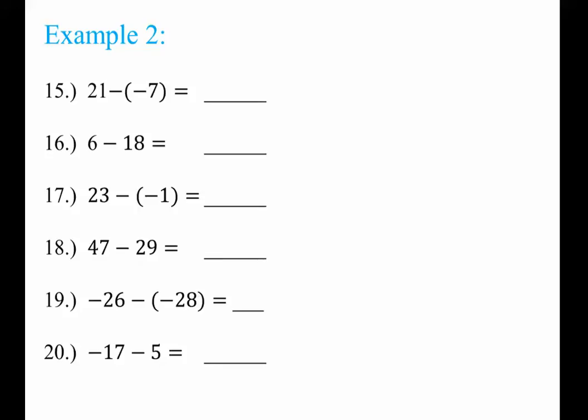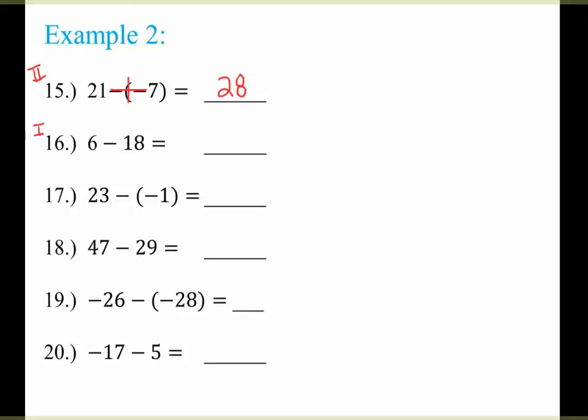Okay, let's go over answers. I will try to go through these a little bit more quickly. Number 15, it says 21 minus -7. That is a type 2. 21 plus 7 should end up with 28. Okay, number 16, 6 minus 18.